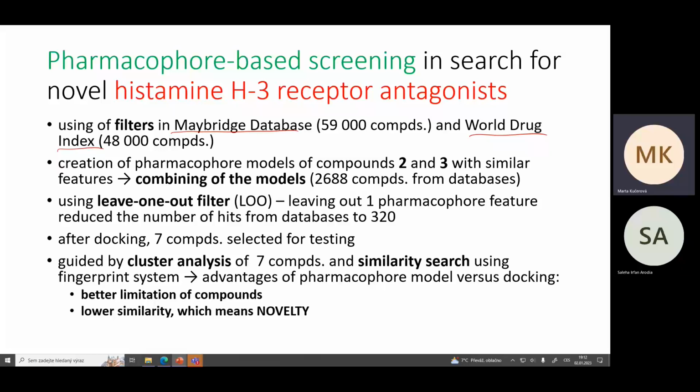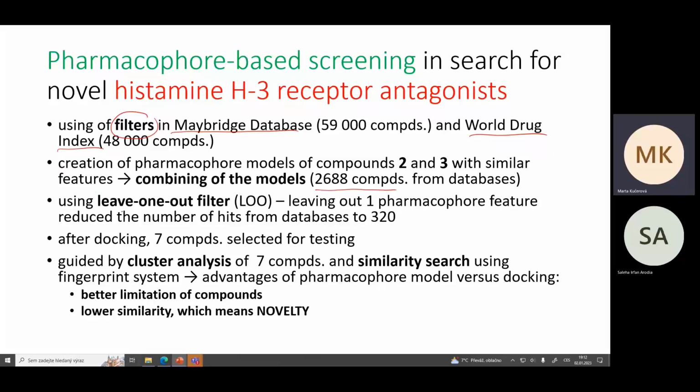Firstly, they used filters like the Lipinski rule, and they ran the compounds through the pharmacophore model. And they restricted the number of the compounds to 2,600 and some other compounds.